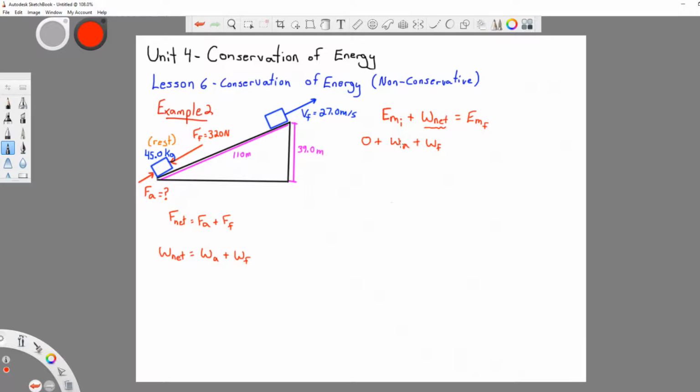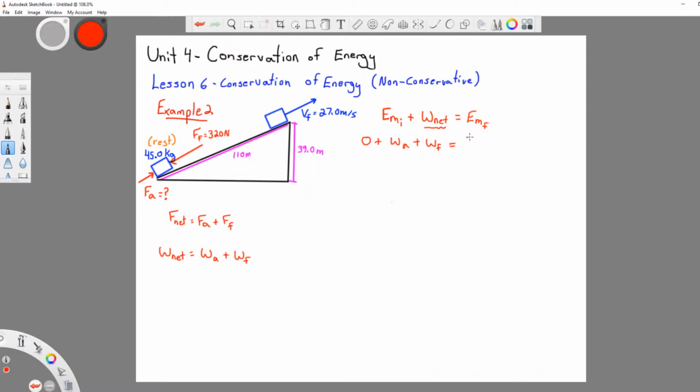Okay, so there's our work somewhat expanded out. And this is going to be equal to our final mechanical energy. So at the top, I think we see we're going to have quite a large value for mechanical energy. We have both potential and we have kinetic.